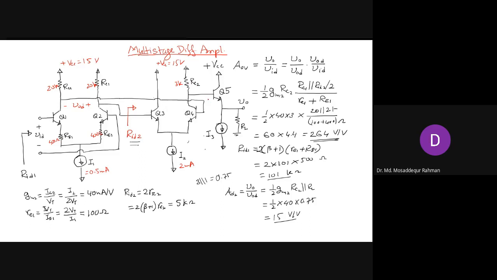Now this RL is isolated from RC by this voltage buffer. So RC doesn't see RL, but it sees what comes at the input of Q5. Let's say that is Ri3, the third stage input resistance, which will come in parallel with RC2.